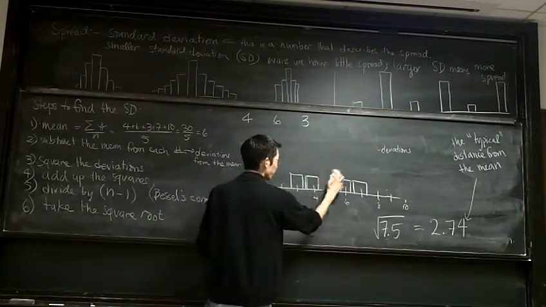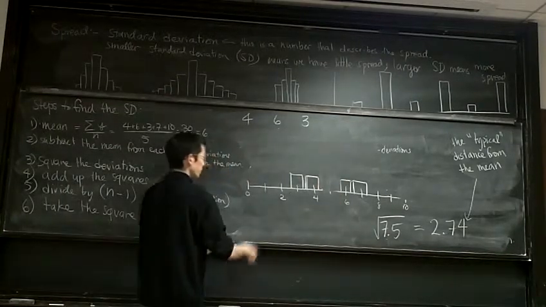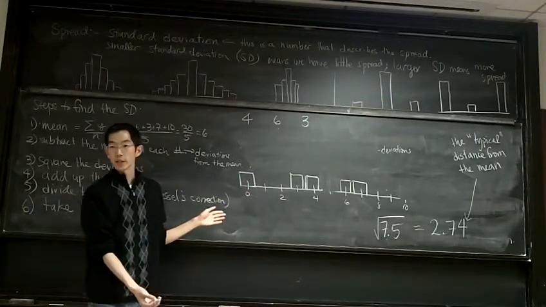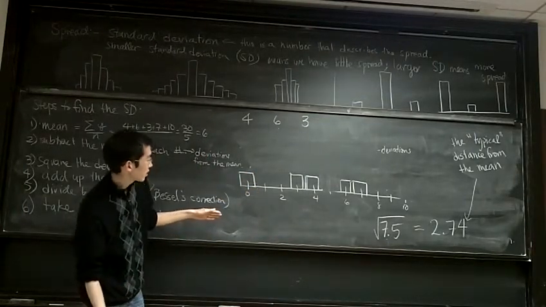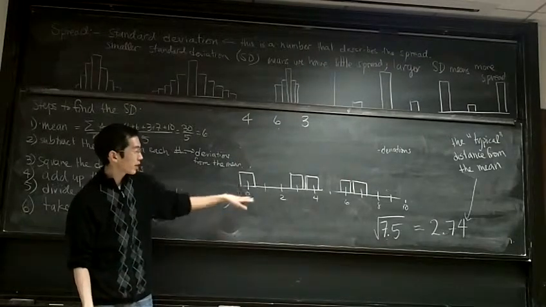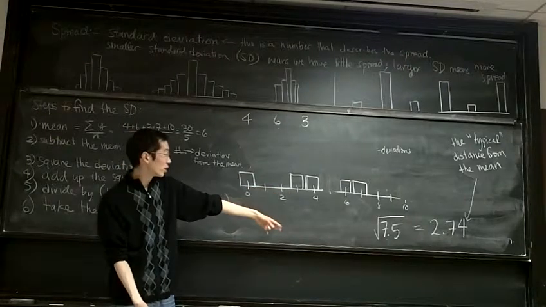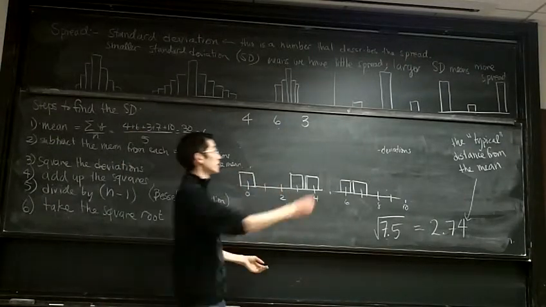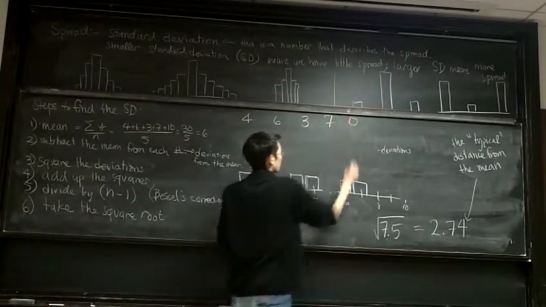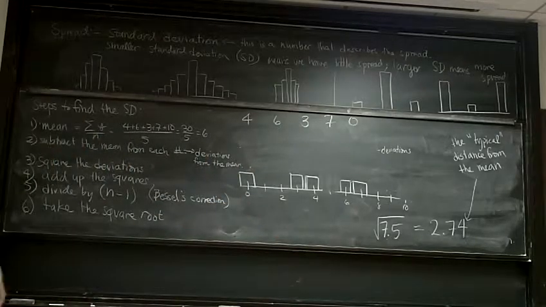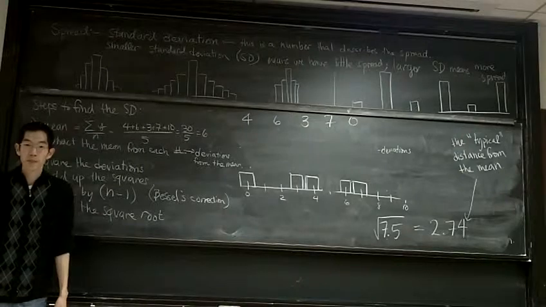If I got rid of the 5 and I put in a 0, you can see that it's spread out again. Actually it looks like it's just about as spread out as when we had the 10, so I think if we did the calculations with 4, 6, 3, 7, and 0, I'm pretty sure we would get 2.74.